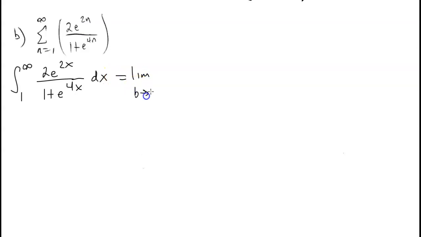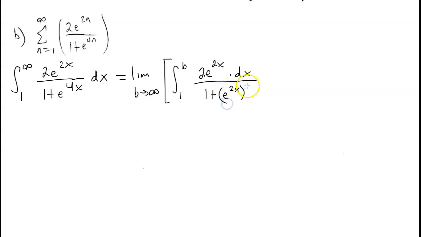And again, we're going to do the limit as b approaches infinity of our definite integral from 1 to b, 2 times e raised to the 2x dx over 1 plus, and I'm going to rewrite this e raised to the 4x as e raised to the 2x squared. The reason I'm doing that is because I suspect from how this looks that I could use a substitution rule to help me evaluate this definite integral here.